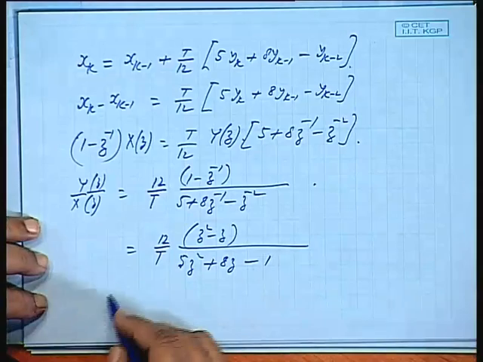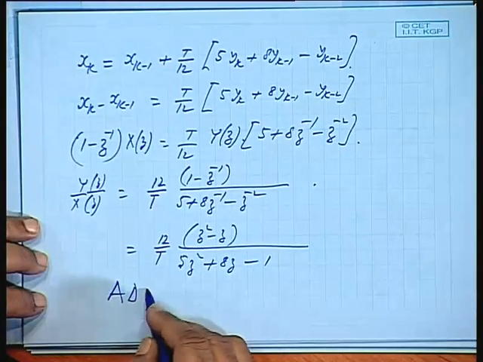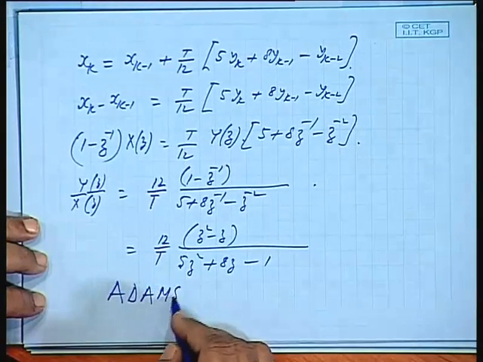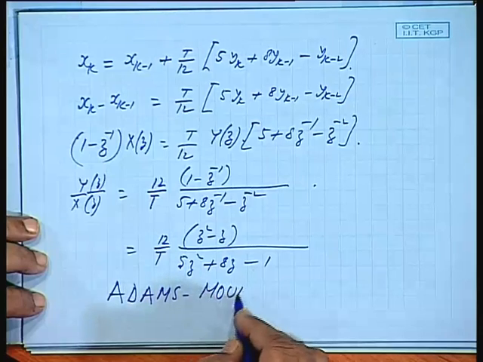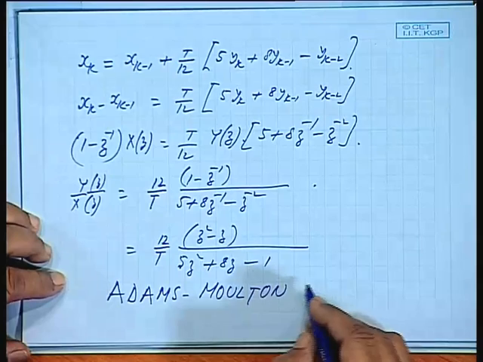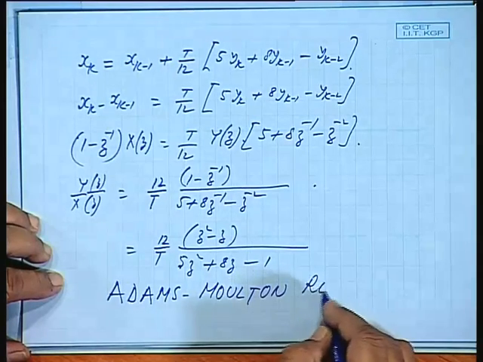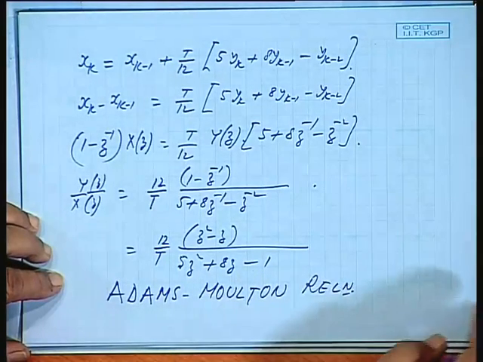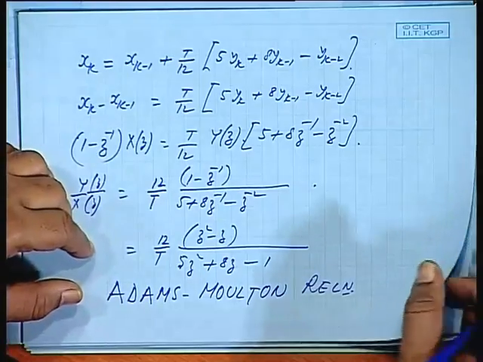So, this is known as Adams-Moulton relation or transformation. So, bilinear transformation is one version of this transformation.